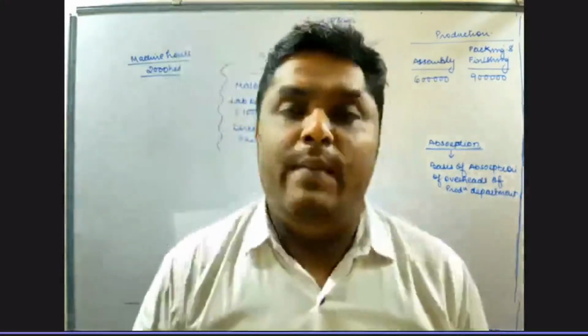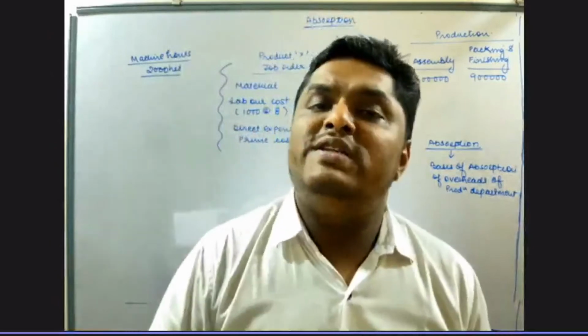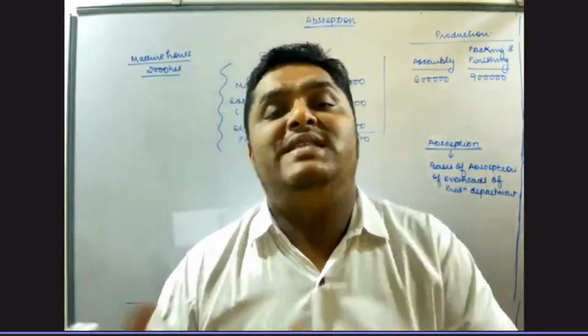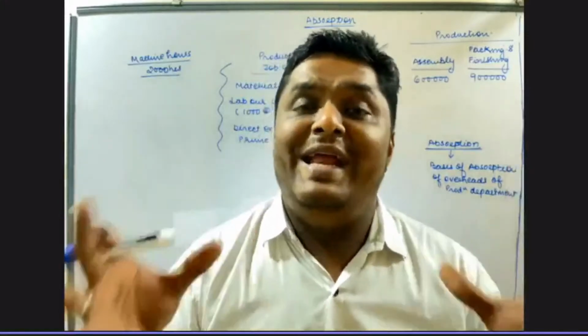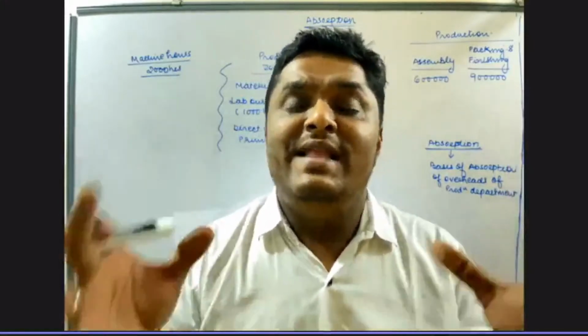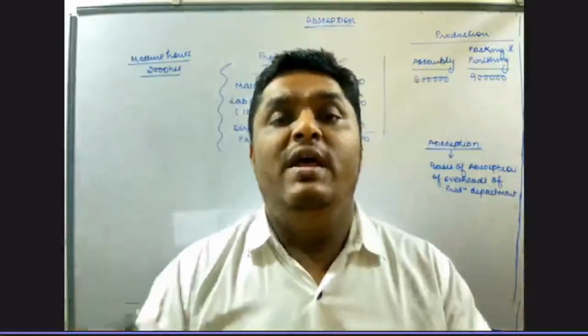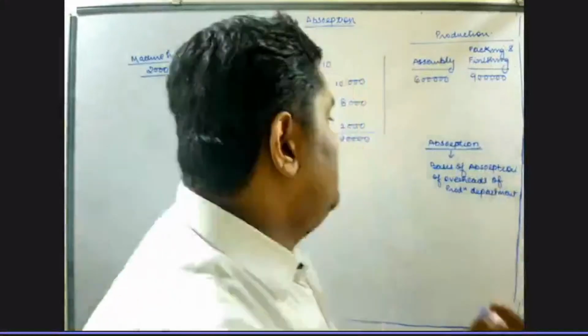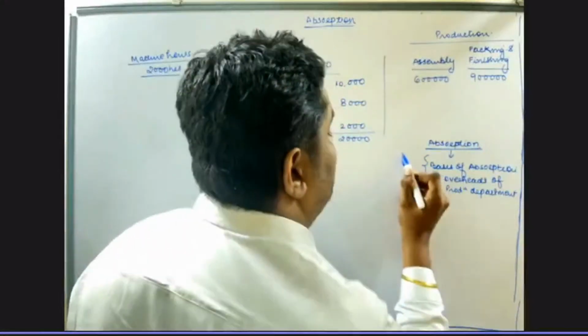Now when talking about the basis of absorption of overheads of production department, this information will always be given, on what basis to absorb. In 99% of cases, the information will be given in the question on what basis the production department overheads are to be absorbed.